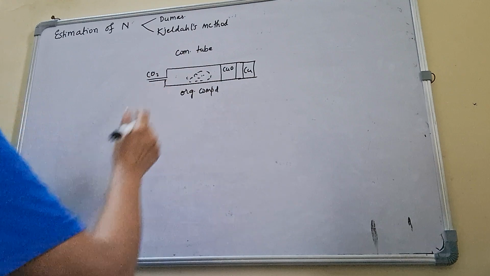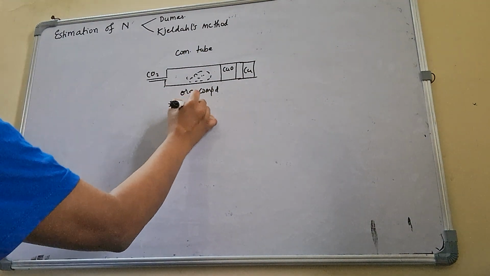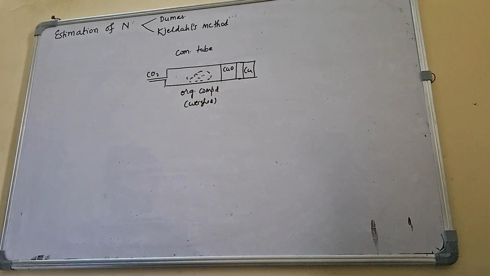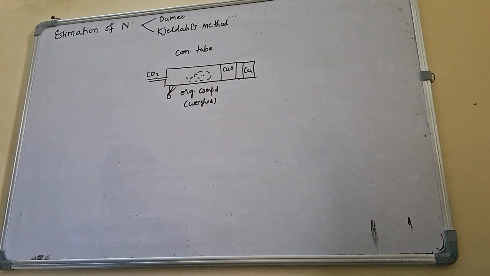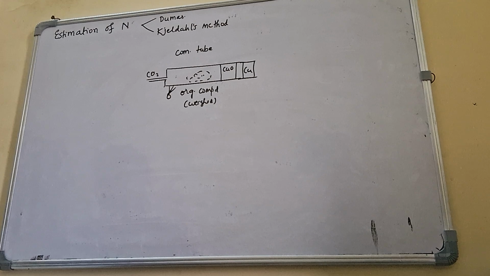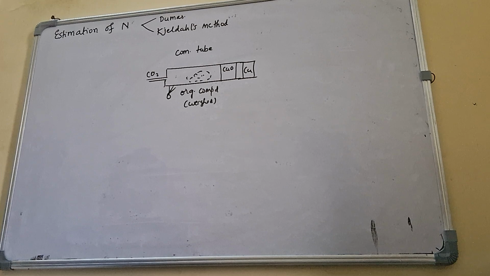This is copper gauze. So what are you going to do? You take a known mass, this is weighed, some x grams, of the nitrogenous organic compound and you heat it in the combustion tube, which also contains copper oxide. The reason is to remove the atmospheric air. I don't want air to affect my reading or my calculation.